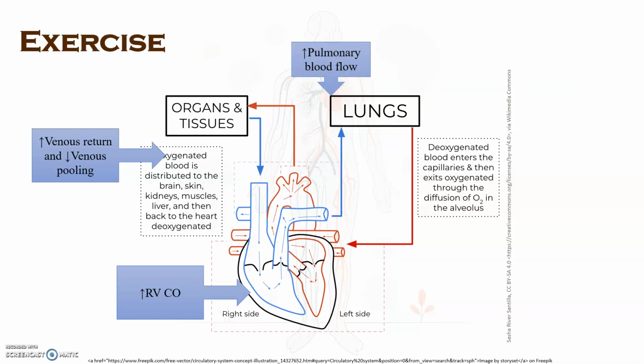Of course, this would then lead to an increase in venous return to the left side of the heart and an increase in cardiac output, initially due to an increase in heart rate, but ultimately due to a combination of an increase in heart rate and stroke volume because of an increase in left ventricular ejection fraction.